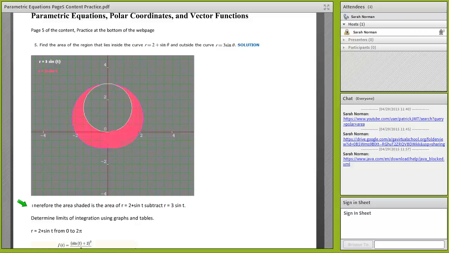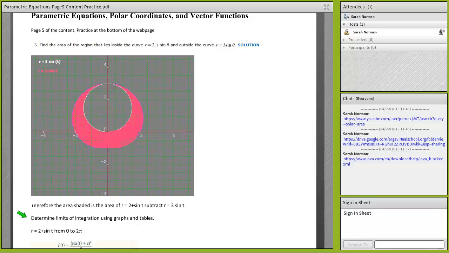So therefore, the area of the shaded region is going to be the area of the large, somewhat circle. It's not really a circle, but the area of the large curve, subtract the area of the small curve. The hardest part about this is determining the limits of integration using the graphs, or you can use tables.